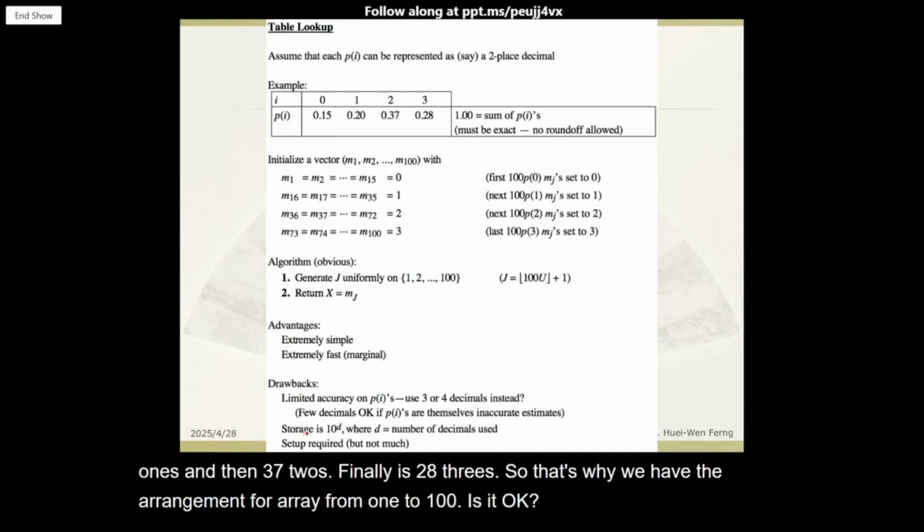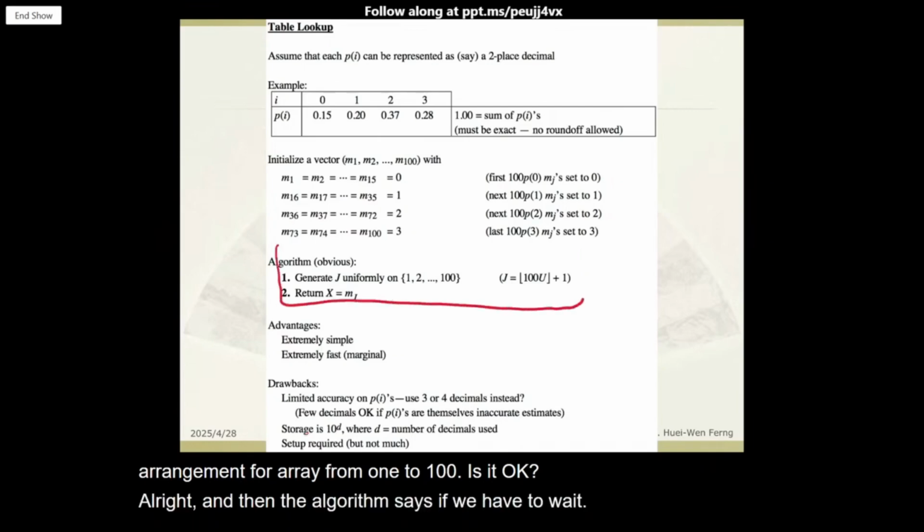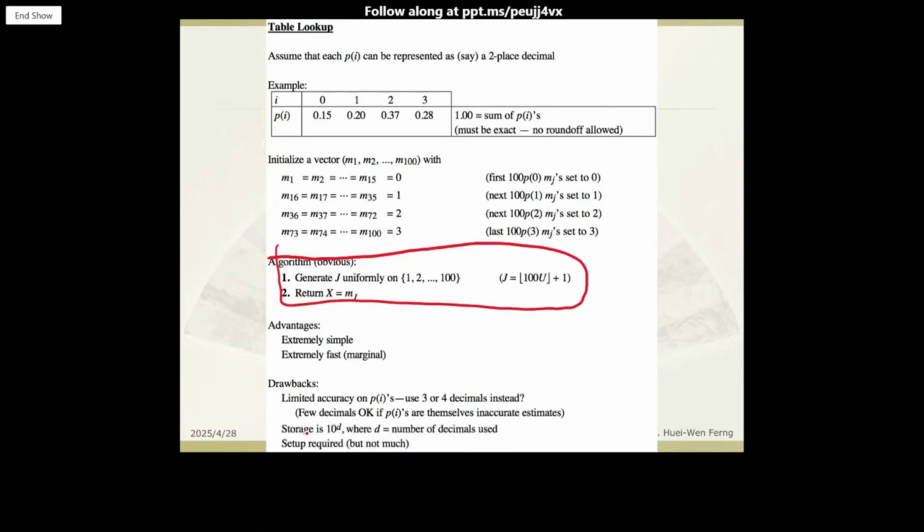All right, and then the algorithm says we need to have an index J, and J falls between 1 and 100.